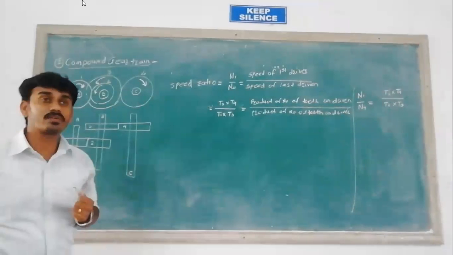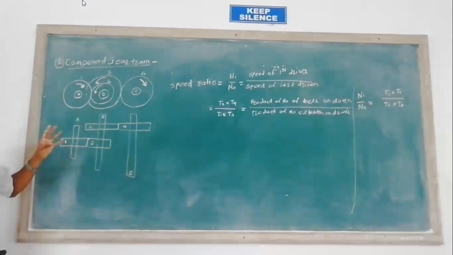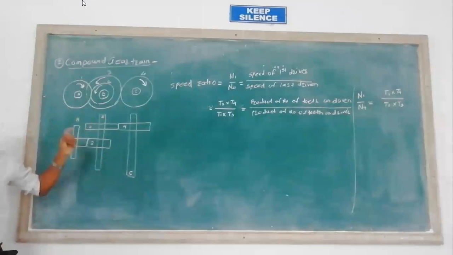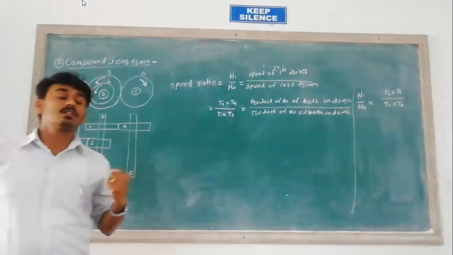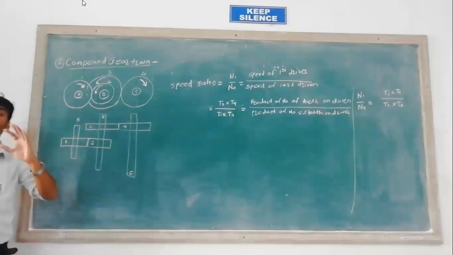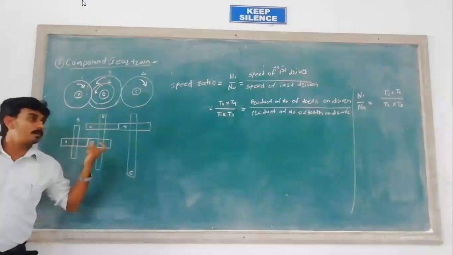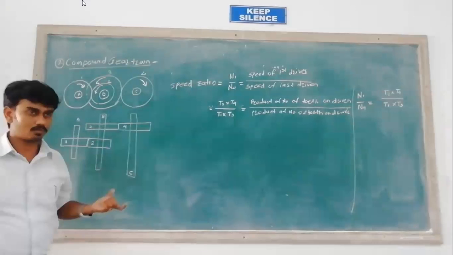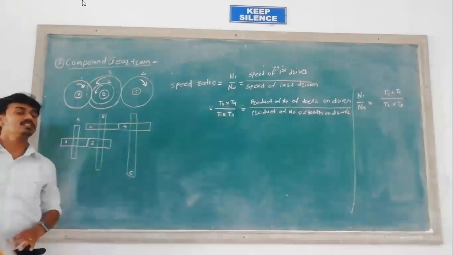So, what is the difference between compound gear and simple gear? The only difference is that in a simple gear train, if there are three shafts, then one gear is mounted on each shaft, so there are only three gears. In a compound gear train, there are two or more gears mounted on the shafts except the first and last shaft.